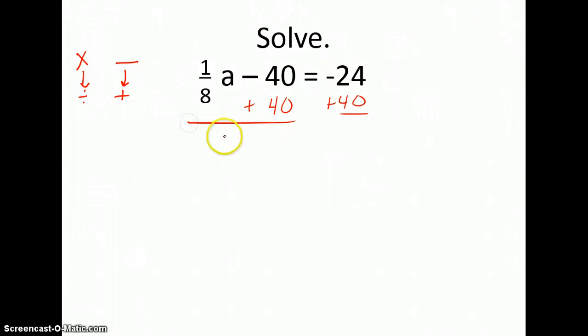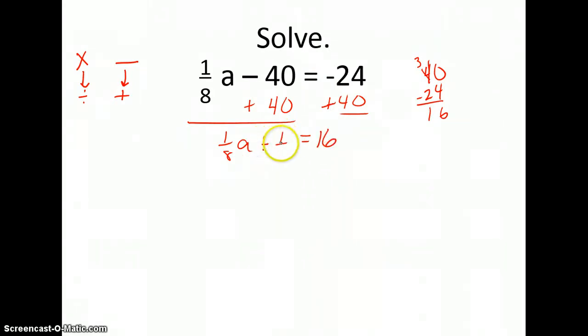And remember your rules of integers. Negative 24 plus 40. I have different signs, which means I'm going to actually subtract them, which gives me 16. And since 40 has the bigger absolute value and it's positive, 16 is going to stay positive.